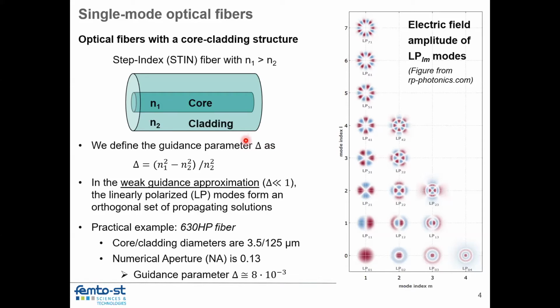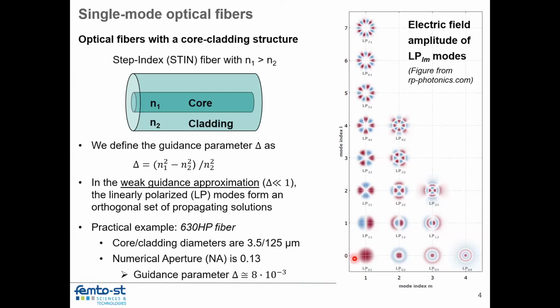If we define this delta parameter, most single mode fibers basically work in the weak guidance approximation, where you have a very small difference of refractive index between the core and the cladding. So the mode is weakly confined, and the solutions of that type of structure are these linearly polarized modes, where this would be the fundamental mode, the one we are interested in a priori.